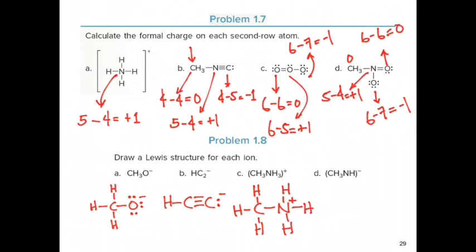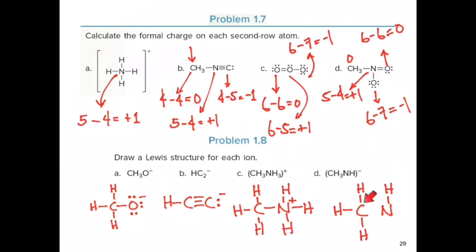And finally, we have CH3NH with a negative charge. Carbon and nitrogen again will be the central atoms. Then we're going to draw the hydrogens around the central atoms, and then we're going to start connecting single bonds for the hydrogens.